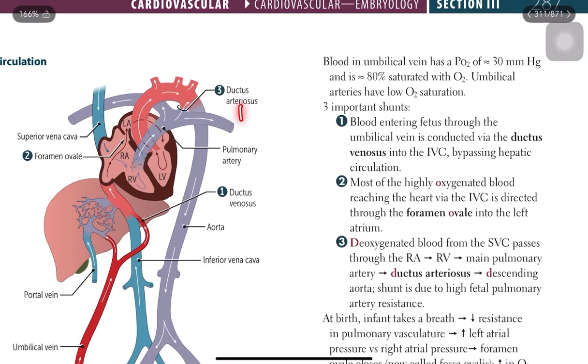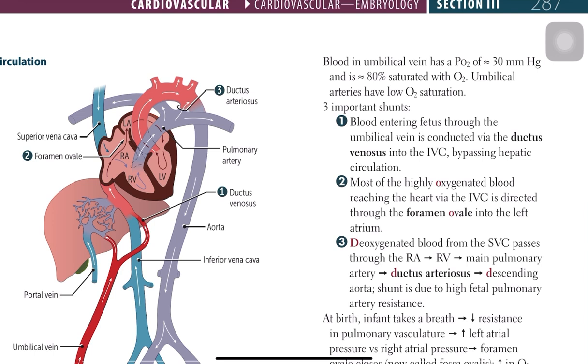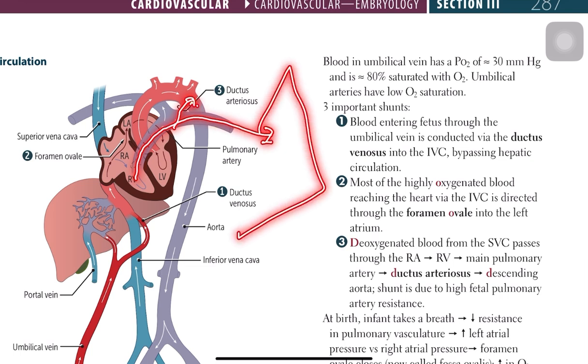So let's say the baby is born. If the baby is just born, the lung compliance would drastically increase, so that it would allow more blood. So any blood coming from the right ventricle would easily reach here. Instead of going through the ductus arteriosus, the blood would prefer to go through the lungs.